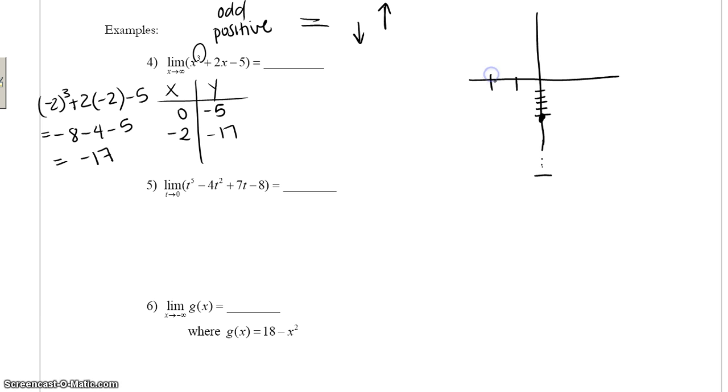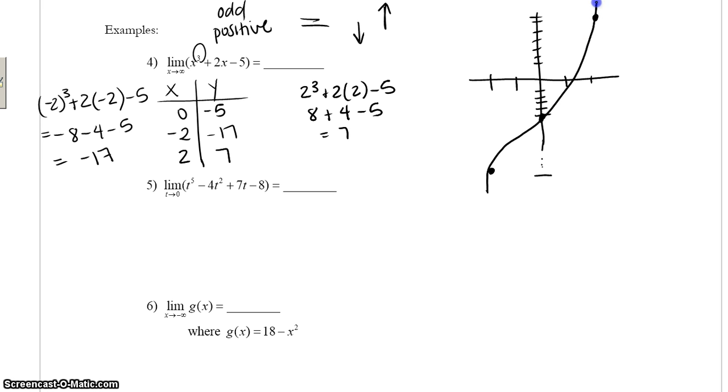And let's do a positive 2. So we've got 2 cubed plus 2 times 2 minus 5. 8 plus 4 minus 5 is 7. So now we can do 1, 2, and 1, 2, 3, 4, 5, 6, 7. So it looks like we've got a graph that goes something like this.